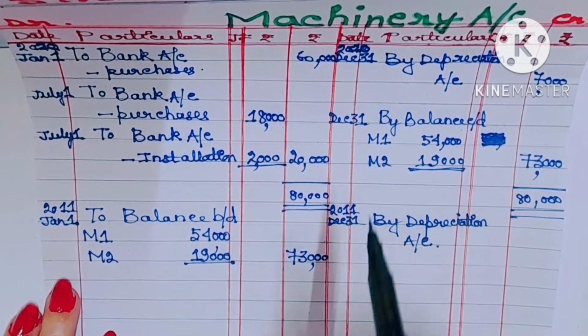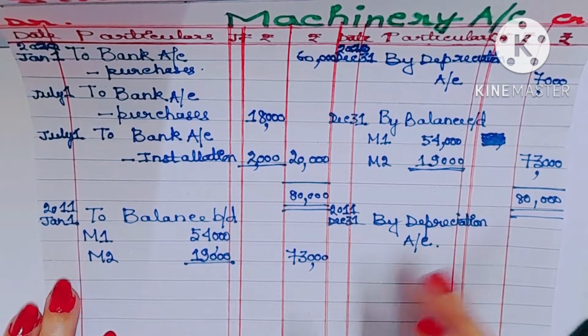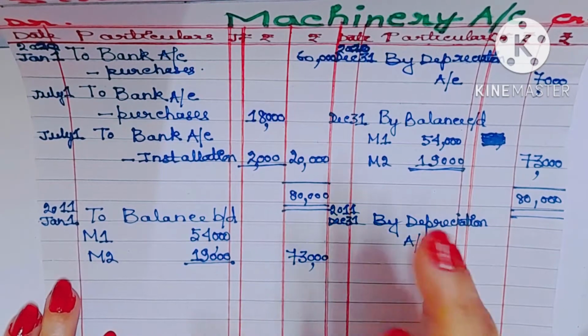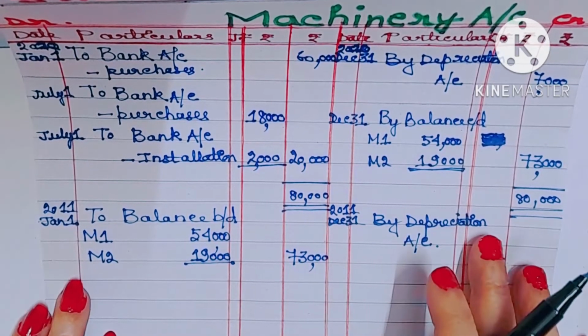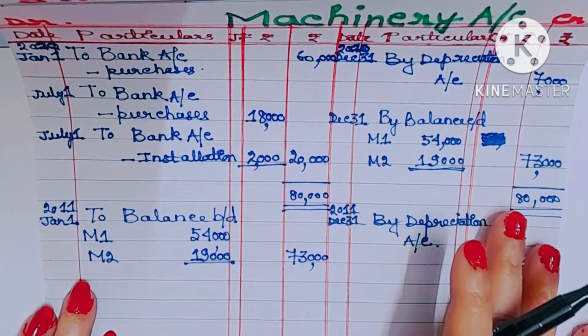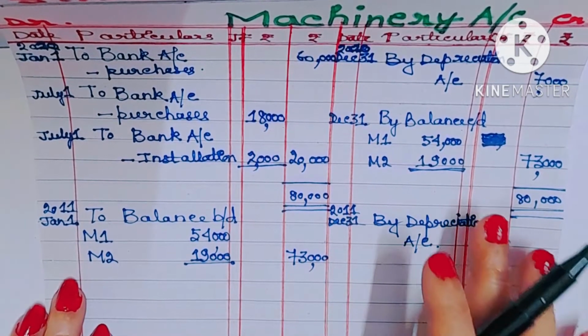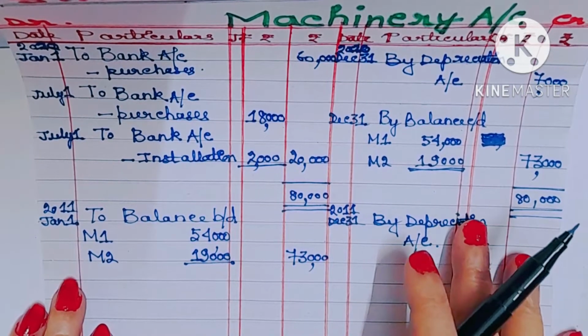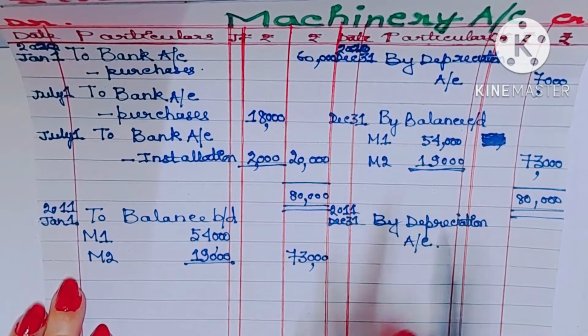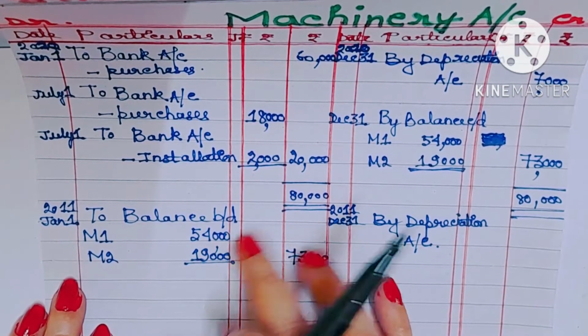First year we charged on 60,000, second year also we will charge on 60,000, third year also we will charge on 60,000, because we are charging depreciation under straight line method. The problem says to use the straight line method. So that is the reason under straight line method we always have to charge depreciation on the original cost, that is 60,000 and not 54,000. Understood?